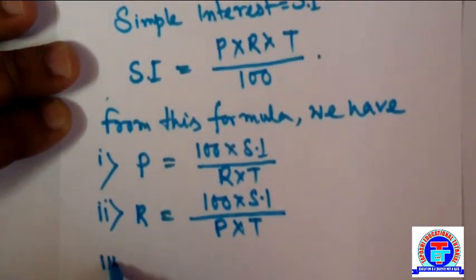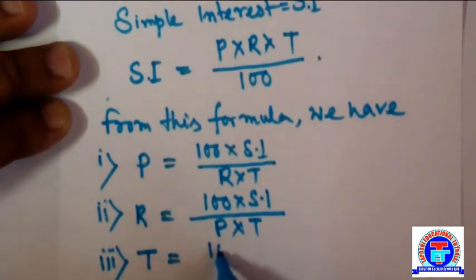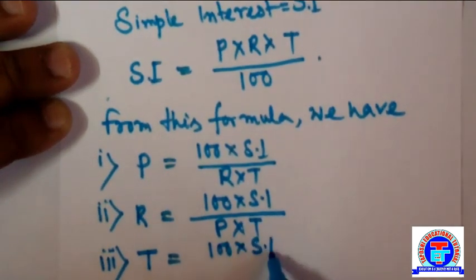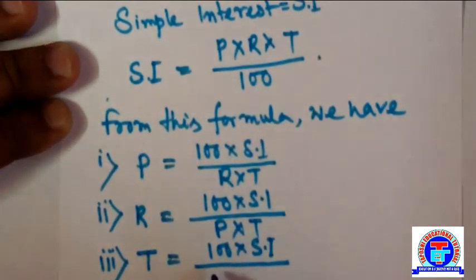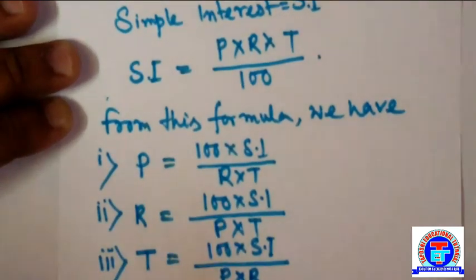Now number three: time T is equal to 100 into SI divided by P into R. Right.